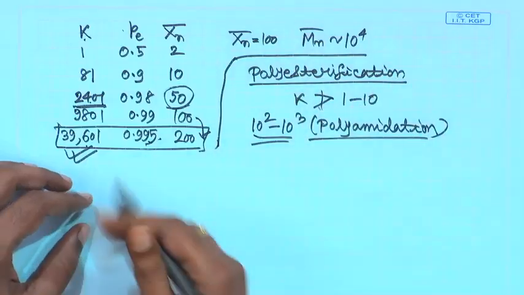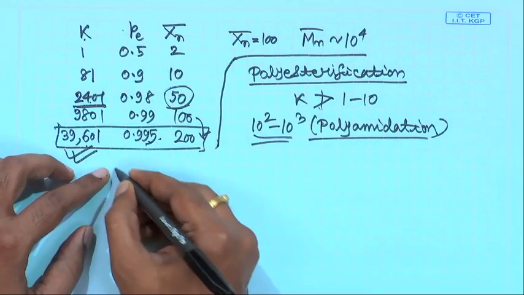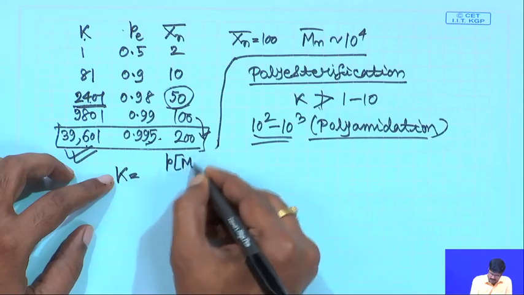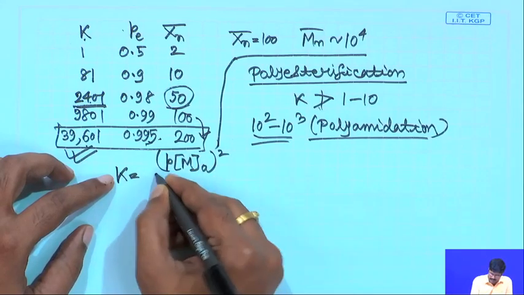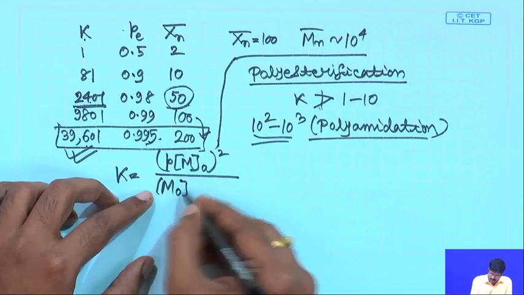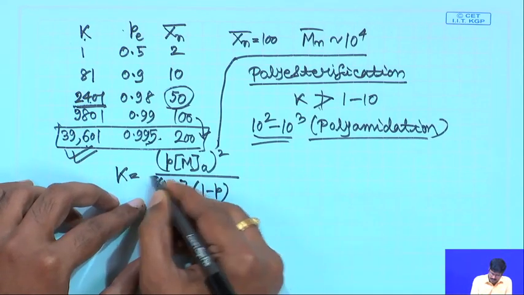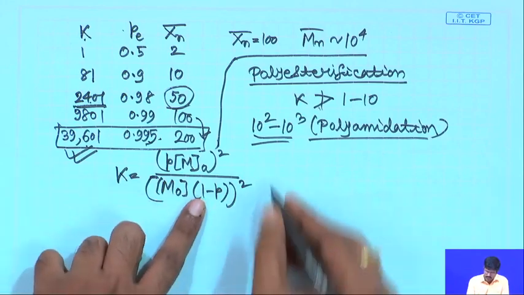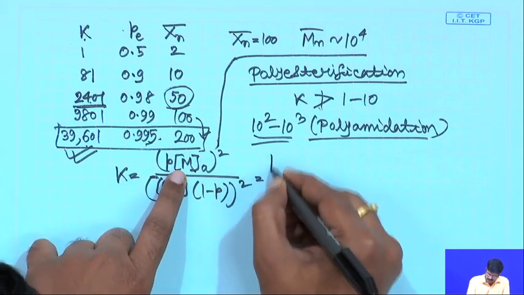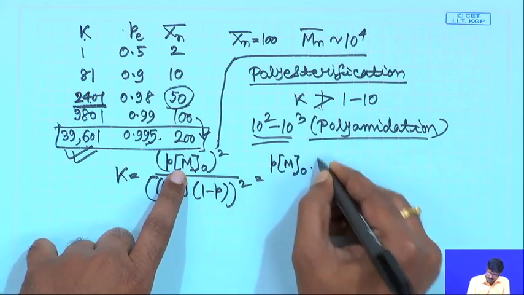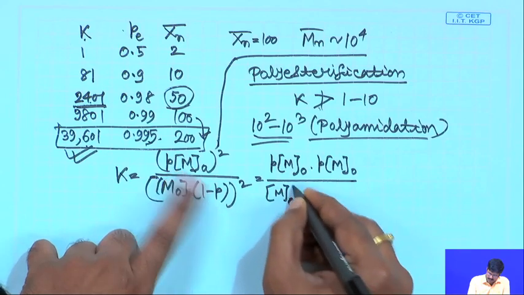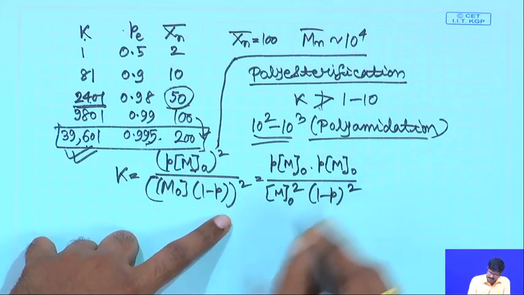So, if you do the same analysis for an open system, then your expression is something like this, your equilibrium constant, the same equilibrium constant expression, until now I am not modifying anything, it is like this: m0 into (1 minus p) whole square. Now, here your Pm0 into Pm0 divided by m0 square into (1 minus p) square.